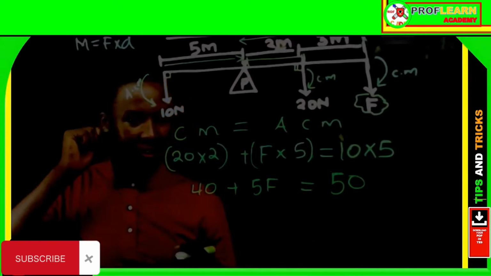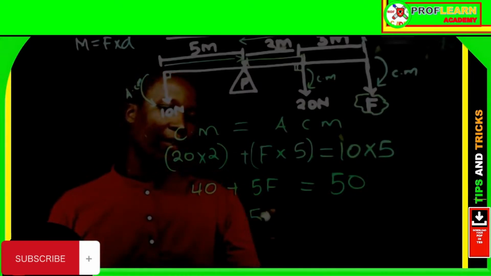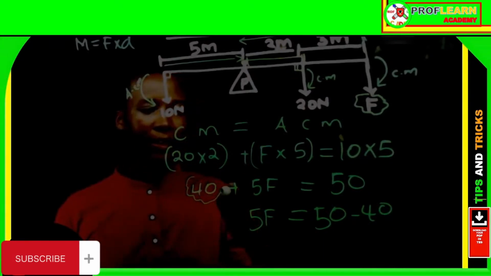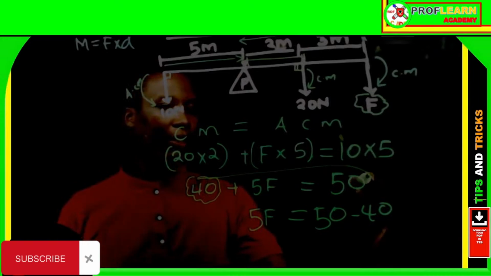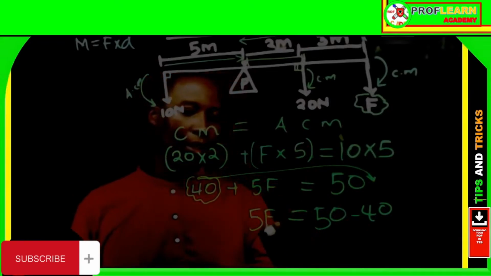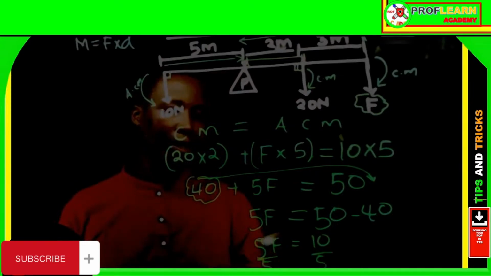Once we have this, we can now comfortably say that our 5F is going to be 50 minus 40, because I've taken this to the other side of the equal sign. It was positive, it will be negative. So 5F will be equivalent to 10, divided by 5 on both sides.